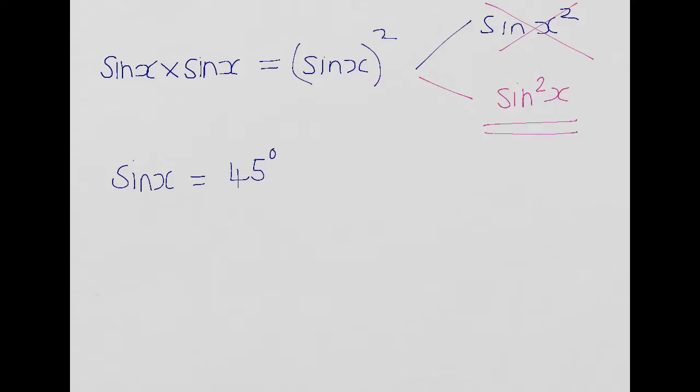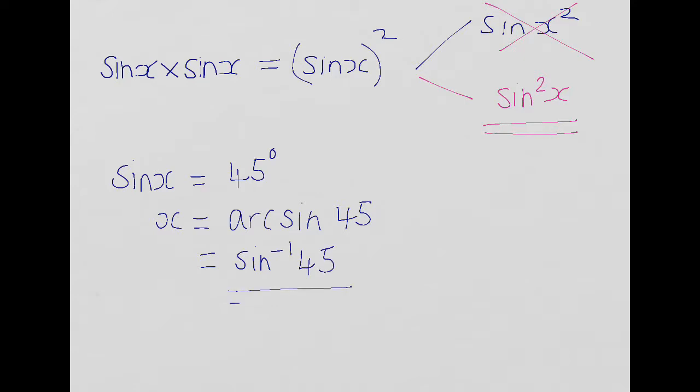Now, coming back to the question here, I want to find out what x is. And there's a couple of ways we can do this. You may have seen in the books, not something we'd have used at GCSE, though it does come up in other textbooks, as arc sine 45, or more likely, because of what's written on your calculators, we'd actually write sine to the -1 of 45. And if you notice, the notation used here links with this notation here, doesn't it?